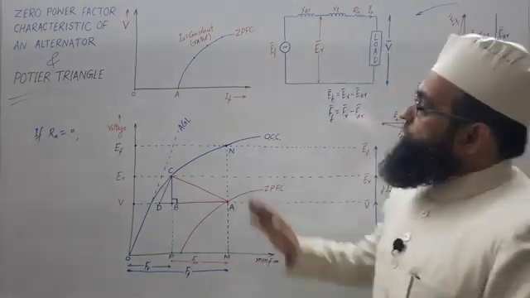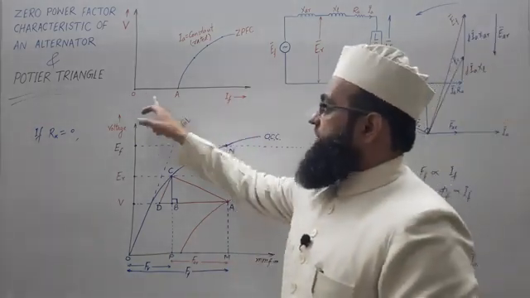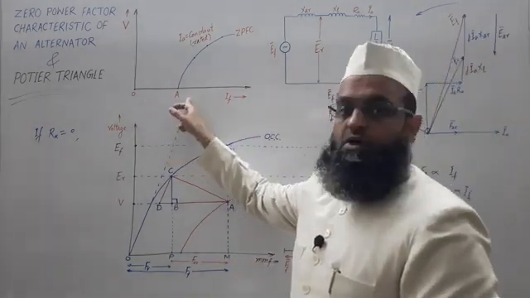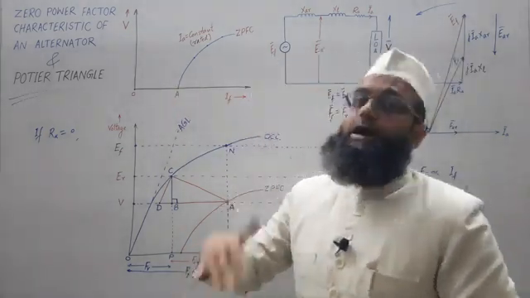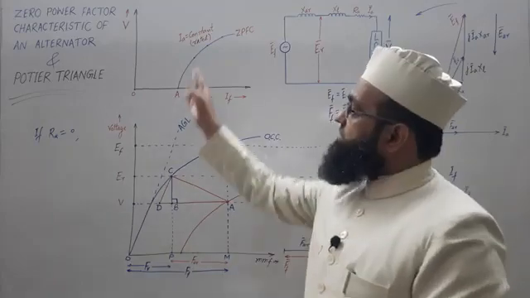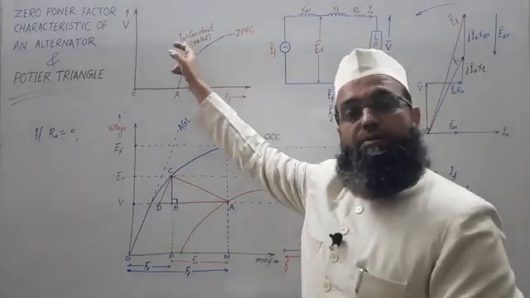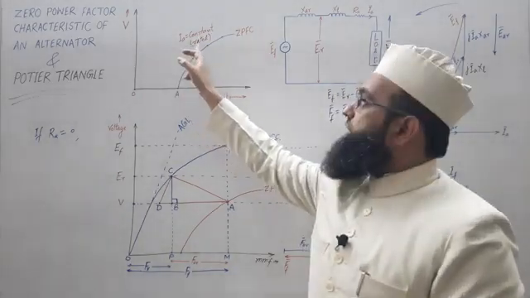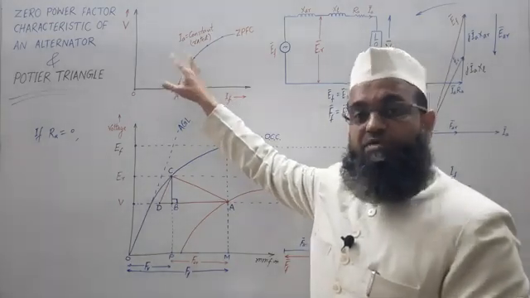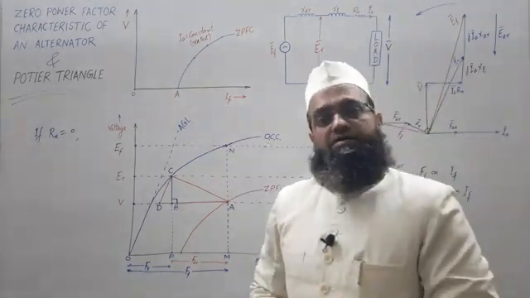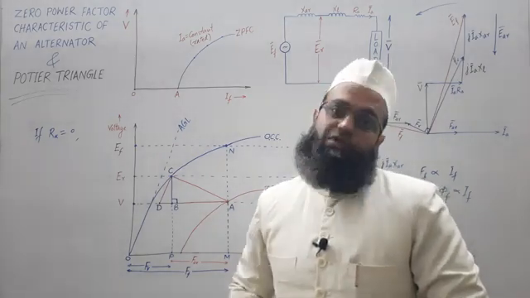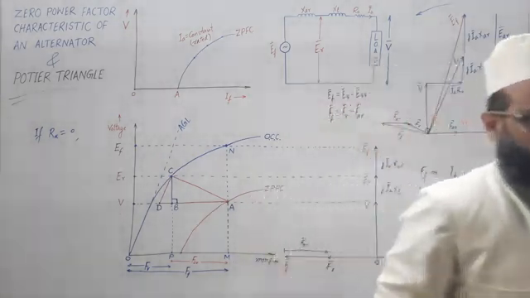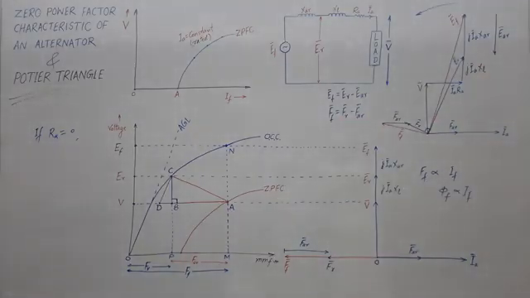Once field current IF exceeds this OA, only then will terminal voltage start building up. This is for the condition of armature current being maintained at its rated value and the synchronous machine running at synchronous speed and connected to a purely inductive load.